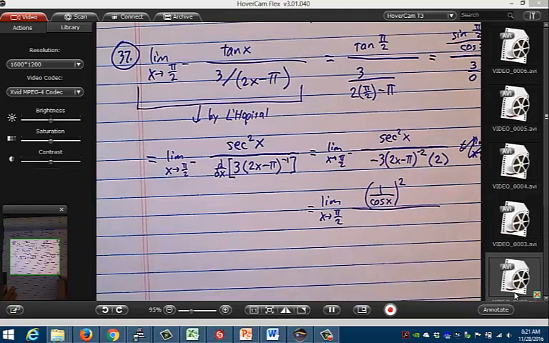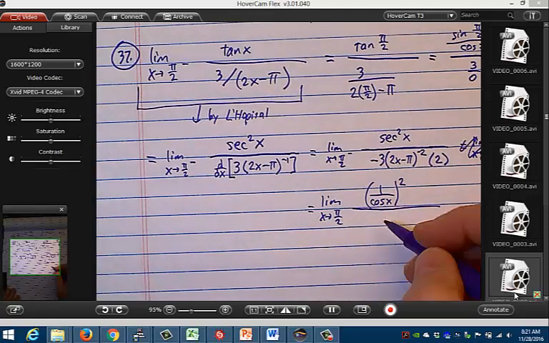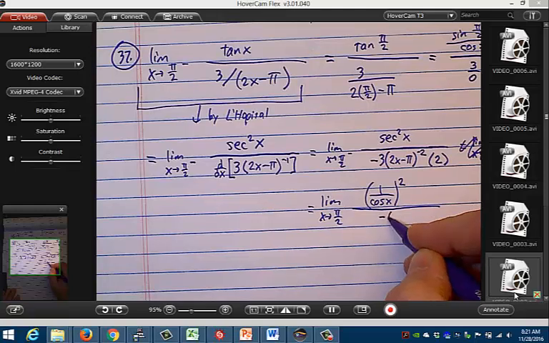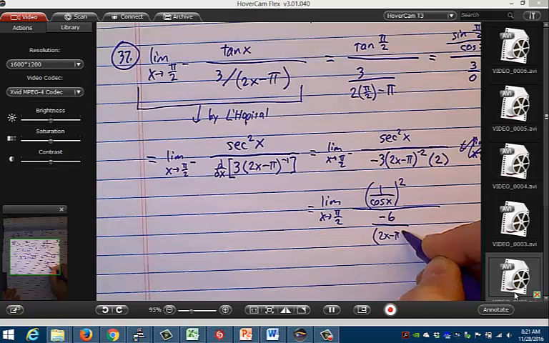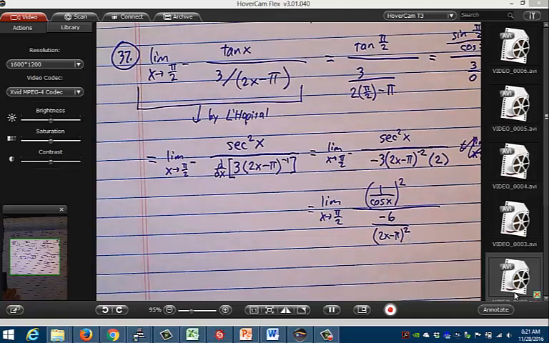And then this denominator I could rewrite as negative 6 divided by 2x minus pi squared. So maybe that's how I would write it.